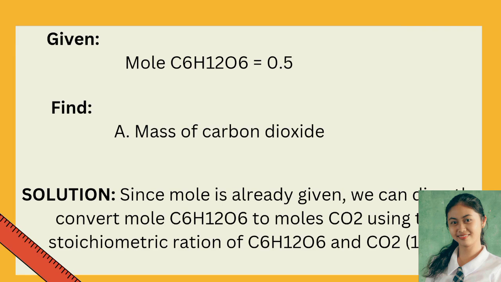Given 0.5 moles of glucose, C6H12O6, use the 1 to 6 mole ratio with CO2 to get 3 moles of CO2. Then multiply by CO2's molar mass of 44 grams per mole to find the mass equals 132 grams of CO2.